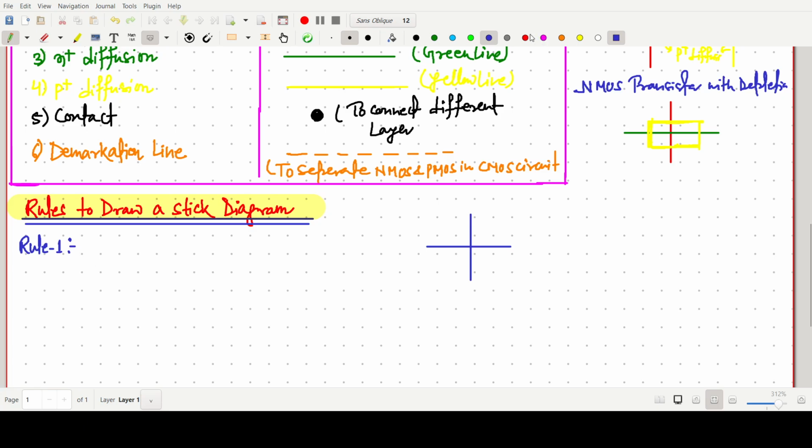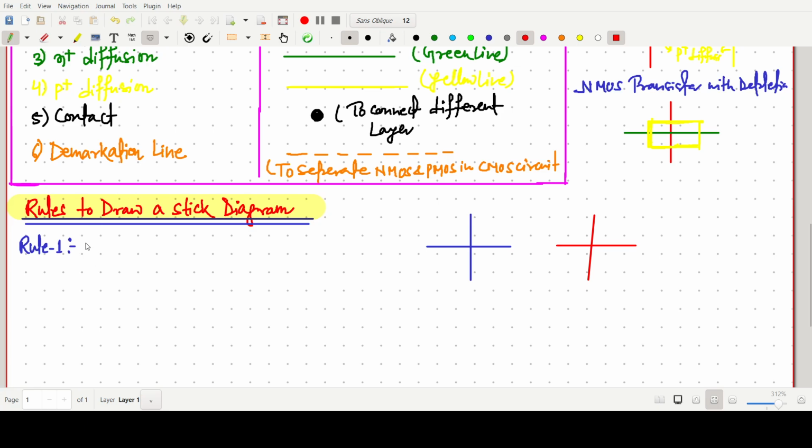Or two polysilicon having the same color intersect, or two metal wires intersect. When two or more sticks having the same color touch each other, they represent electrical contact. So there is no need to put any dot. All are connected.